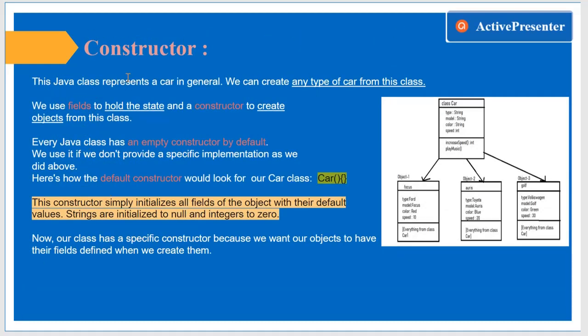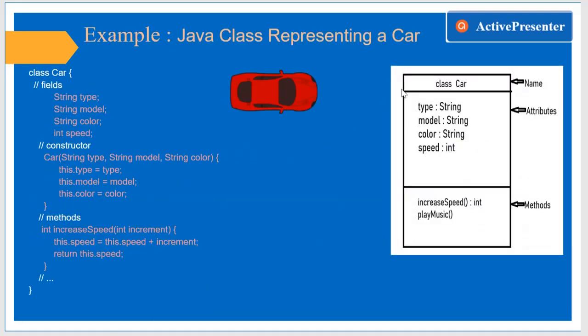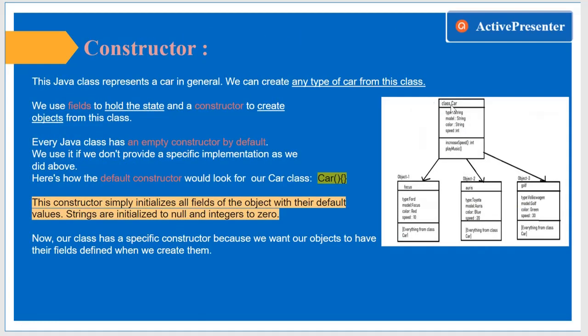So this Java class represents a car in general. This is that same class, class Car. We can create any type of car from this class: this is the Focus, Passat, and Golf.